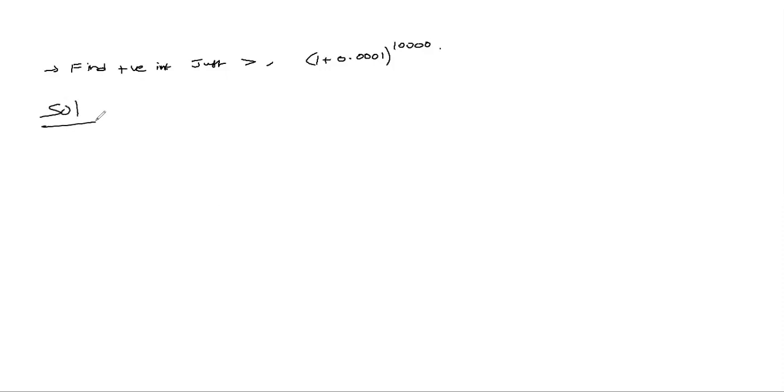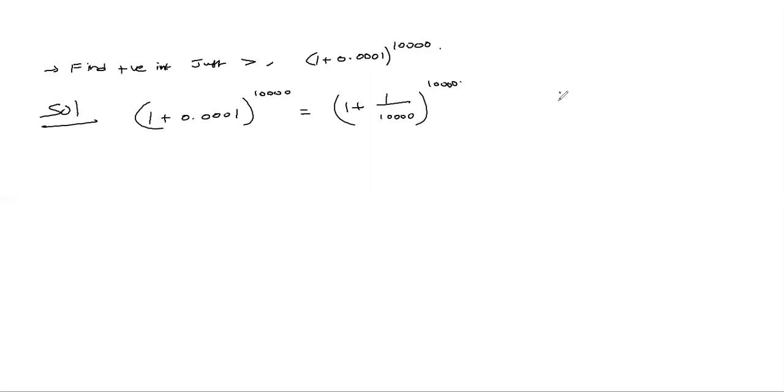Let us solve this. Consider the given binomial expansion 1 plus 0.0001 whole power 10,000. Okay, so this can be written as 1 plus 1 divided by 10,000 whole power 10,000.